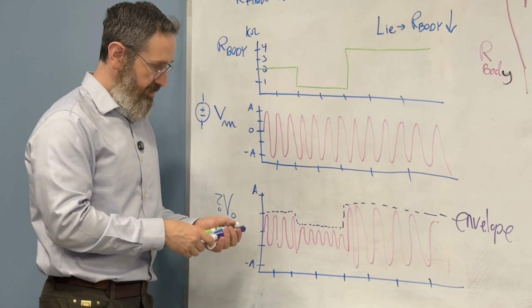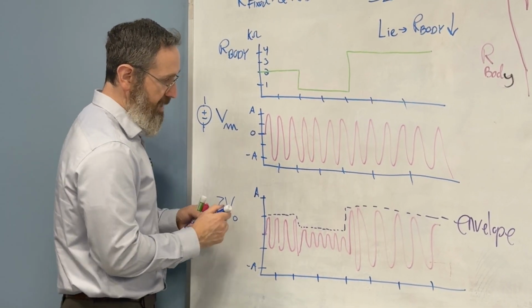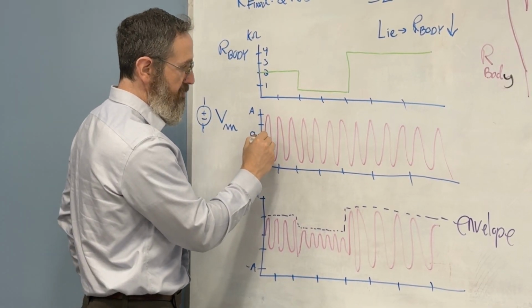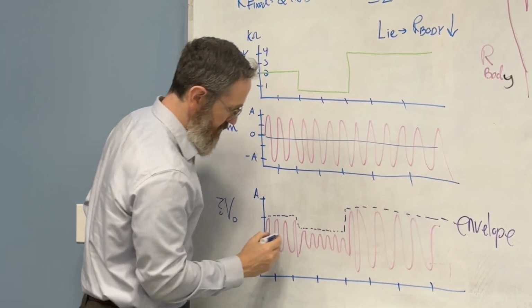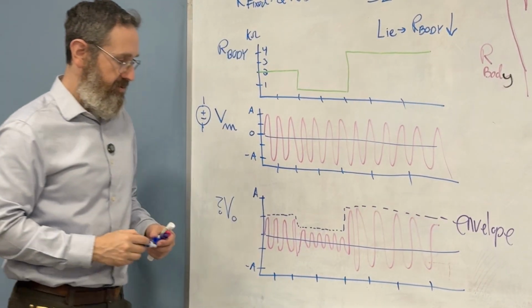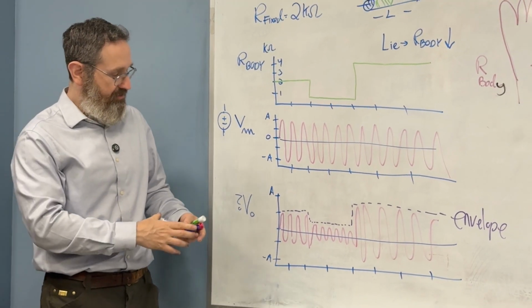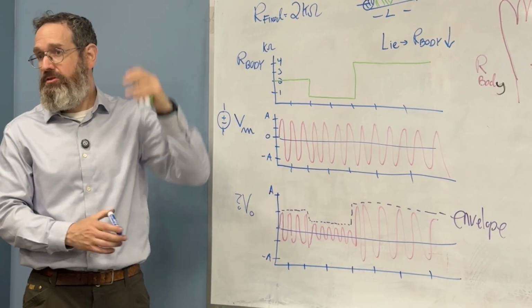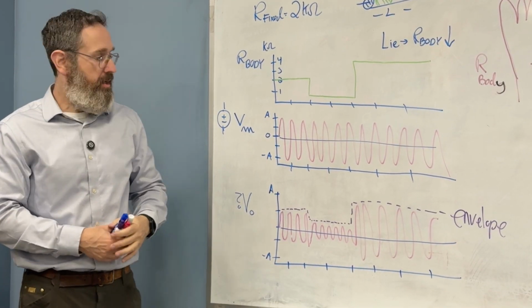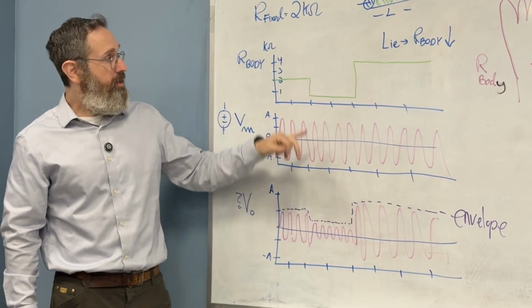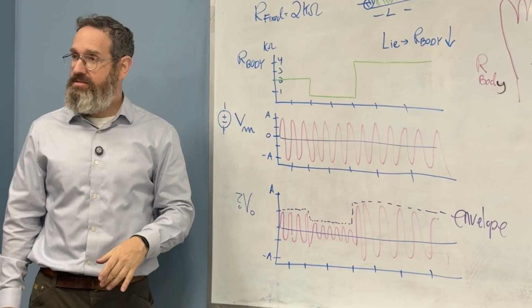And let me also draw the zero here. This is all around 0. It's a sinusoid, so you could have done the envelope on the top, on the bottom, or from the top to the bottom. What you can see is that the envelope tells us what the resistance is.